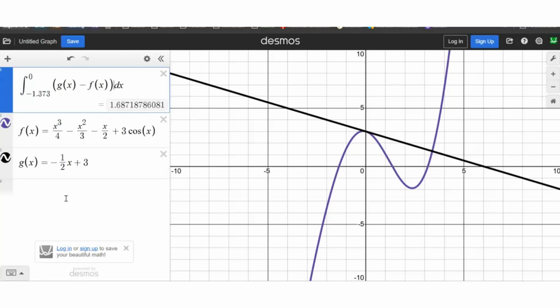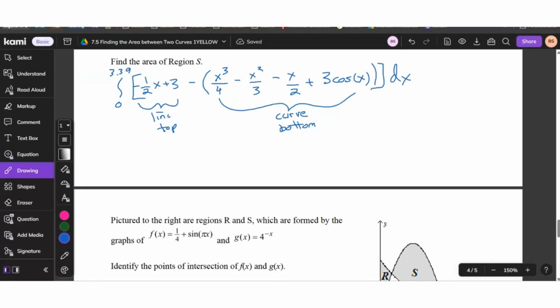Oh yeah, and I got to change the bounds. Thank you. It shouldn't be negative. 0 to, what was it, 3.39? 3.39? And so I get 6.98. So this is 6.98.